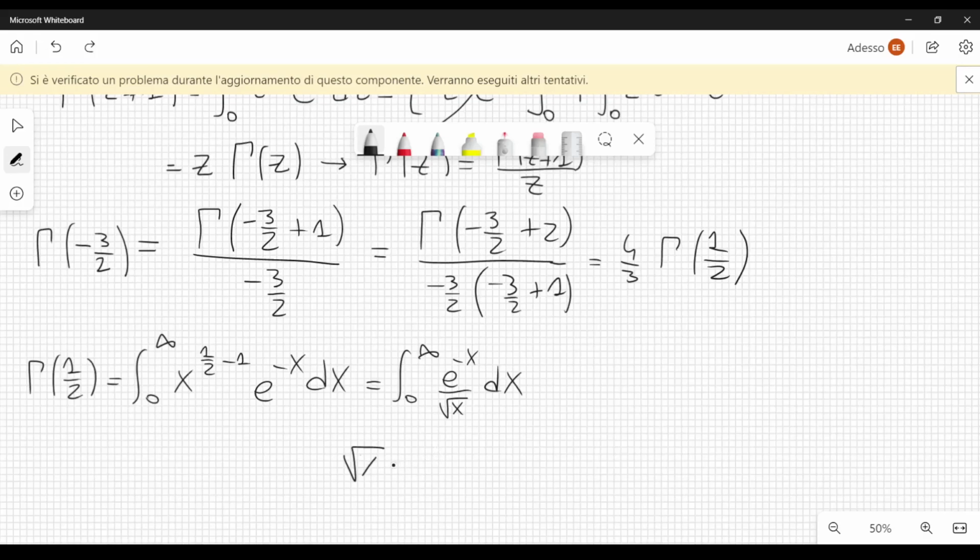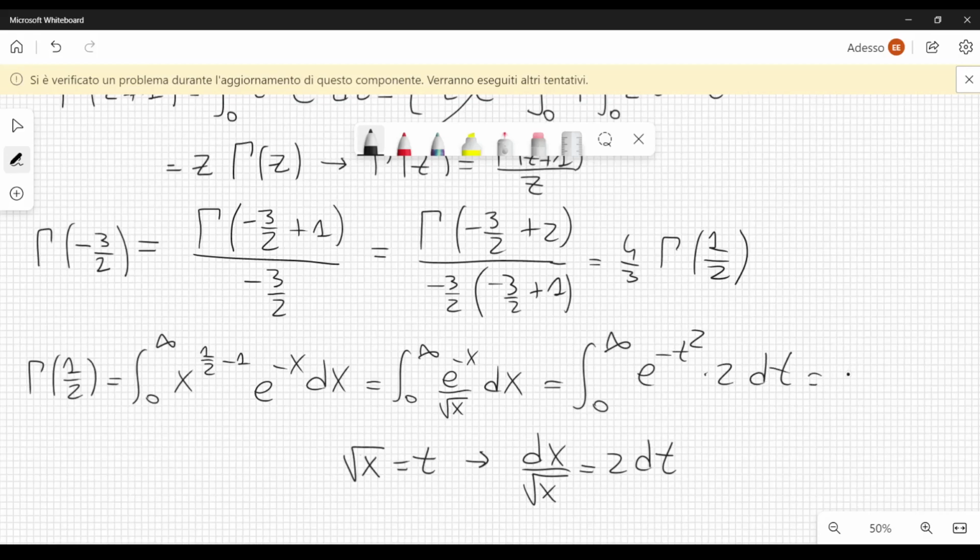It means that dx over the square root of x is equal to 2 dt. This becomes the integral from 0 to infinity of e to the minus t squared times 2 dt, which is simply equal to twice square root of pi over 2. So this is just square root of pi.